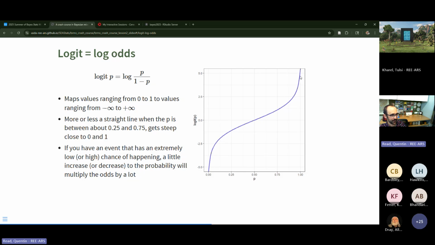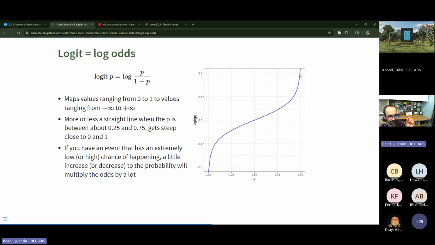Versus if you already have a drug, or a vaccine, that gives you 99% immunity to a disease, you're going to need to work really hard to improve on that. It's going to be hard to improve on that 99%.